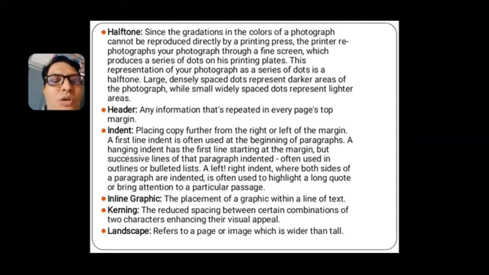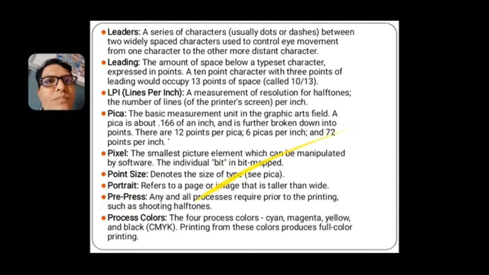So it refers to a page or image which is wider than tall. Automatically your page or image will appear wider, not taller. If it is taller, then it is a portrait. So these are some of the terminologies. Now we will see some other terminologies.